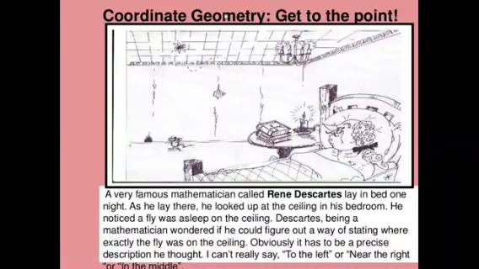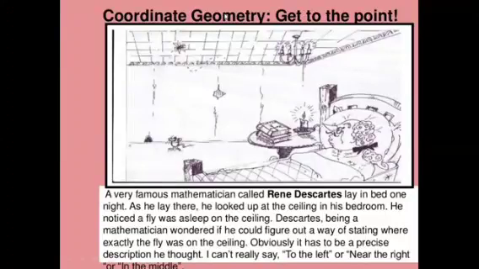He noticed a fly was asleep on the ceiling. Descartes, being a mathematician, wondered if he could figure out a way of stating where exactly the fly was on the ceiling. Obviously, there has to be a precise description, he thought. I can't really say to the left or near the right or in the middle.